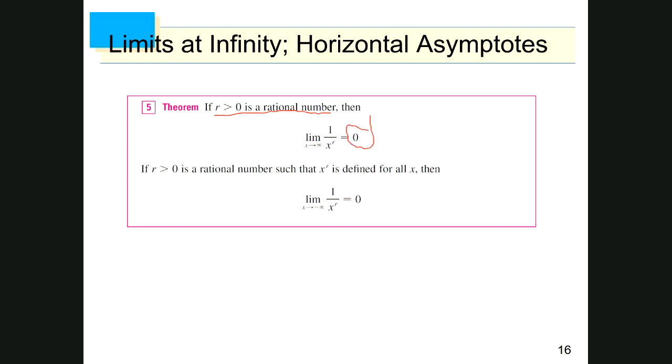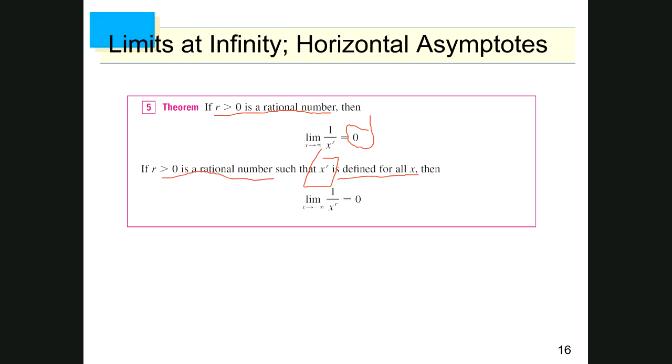Now, if r is greater than 0, it's a rational number such that x to the power r is defined for all x, then the same holds at minus infinity. Remember, when we take the limit as x approaches negative infinity, we need to be careful. Why? Because if that power r is, let's say, 1 over 2, which means 1 over square root of x, x cannot be negative. It's going to be a problem. That's why they add this extra condition that says x to the power r is defined for all x.